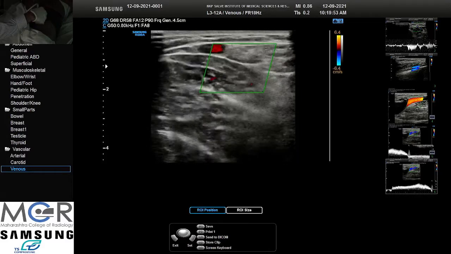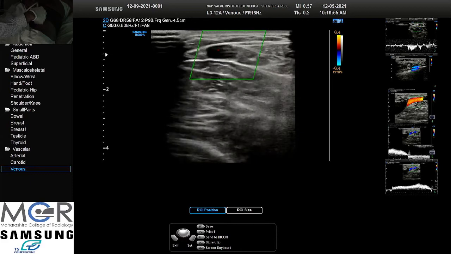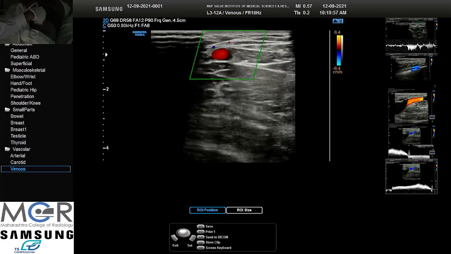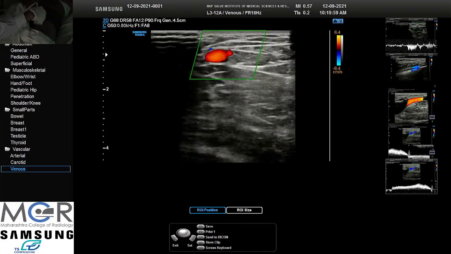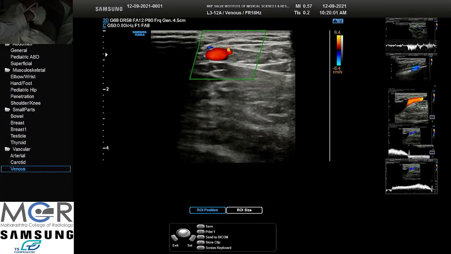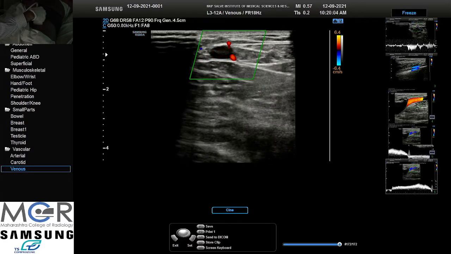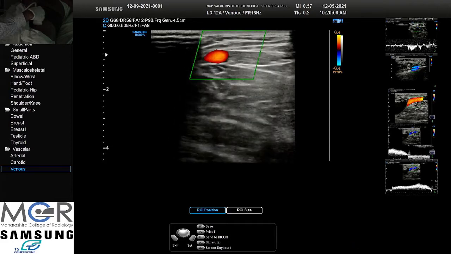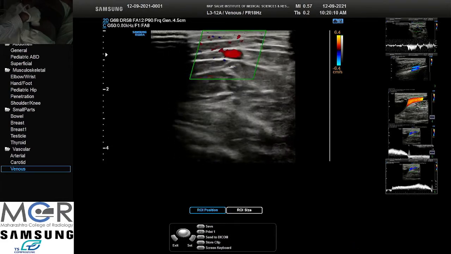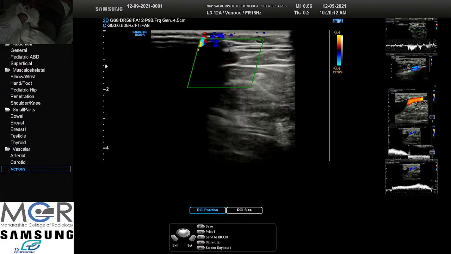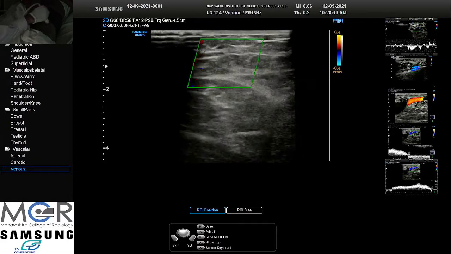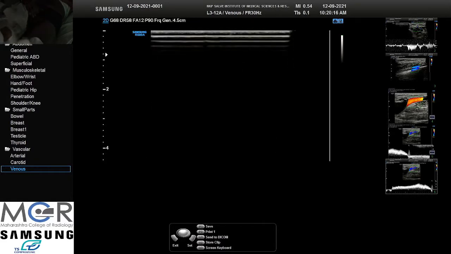Put color, use very minimal pressure. So that is a small, very small tributary entering it. No major dilated tributary here. You can trace it by both means.